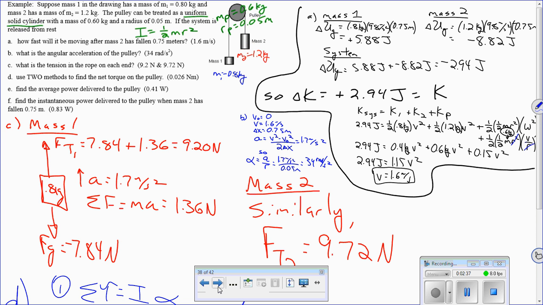So we need to rewind and refresh our memory a little bit. What do we know? We know that our final velocity was 1.6, and we know that our linear acceleration is 1.7. So I think we can use that information to find the time.